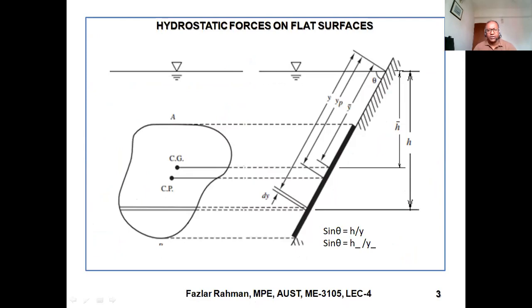Now, right over here, I am just showing a picture, and you see the picture is showing an inclined surface, and the black one is a plate, remaining inclined in a dam surface. For example, if I draw, say this is a dam going like that.